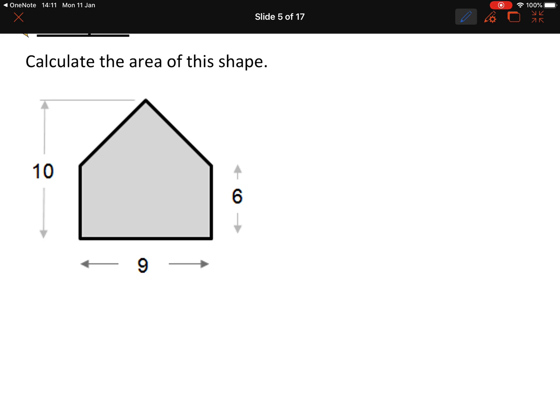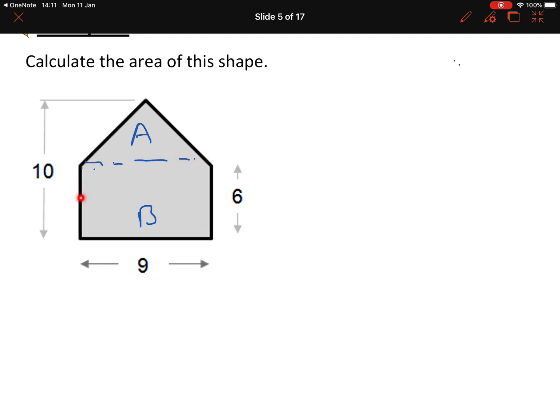With this shape, you can just imagine it being the shape of a house with a roof on it. I'm taking away the roof from the rest of the house first. So if I split it up along here, I'm going to call this part A and this side part B. It is also worth noting that in a rectangle, opposite sides are going to be equal.